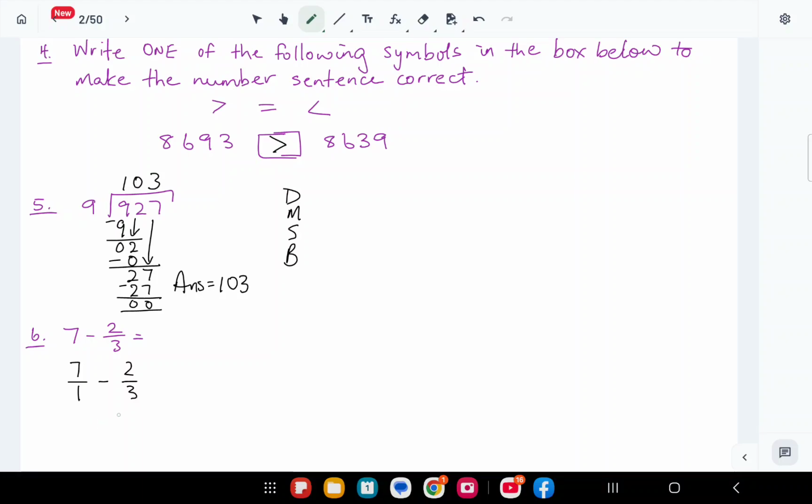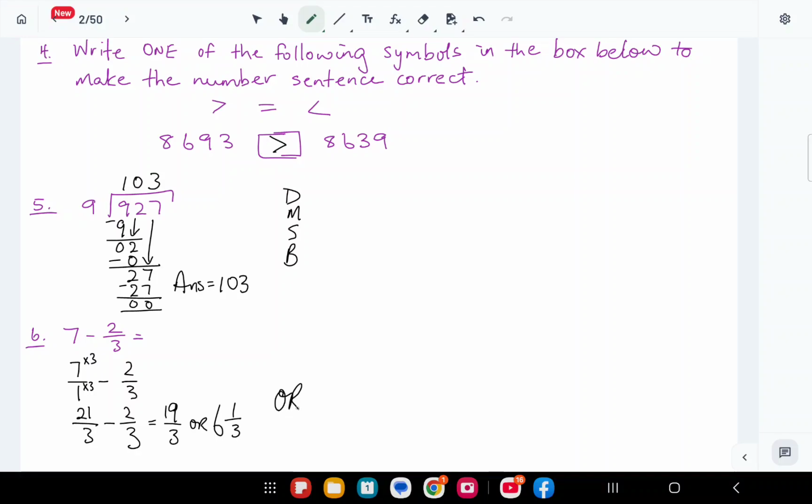What we can do here is make the denominators the same: we multiply here by 3 and multiply here by 3. 7 times 3 is 21, 1 times 3 is 3, take away 2 over 3. This will give us 19 over 3, or 6 and 1/3.